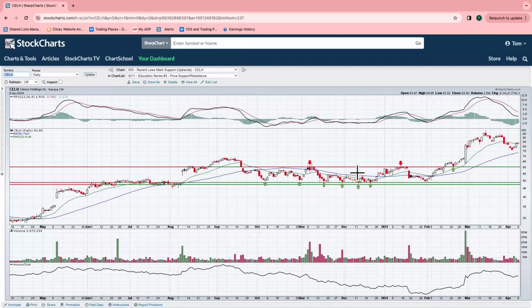Look at this sideways consolidation. There's no way I would have held that long. I can see the support, and you might have it on a watch list. You might want to buy it when it hits support, but after hitting it multiple times, I'd probably be taking profits. Even if you get it at 49 here and it goes up to 53, 55, you're talking about almost 10% in just a couple of days.